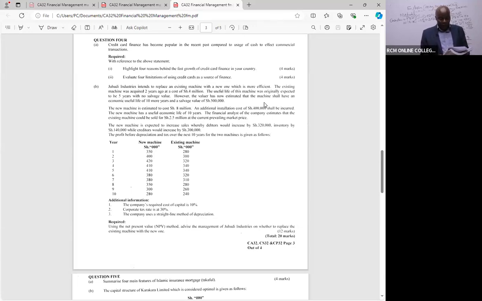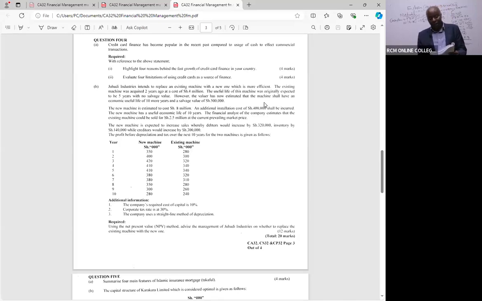The new machine is expected to increase sales, whereby debtors would increase by 320,000, inventory by 140,000, creditors would increase by 300,000. The profit before depreciation and tax over the next 10 years of the 2 machines is given as follows. So they've given us their additional information.